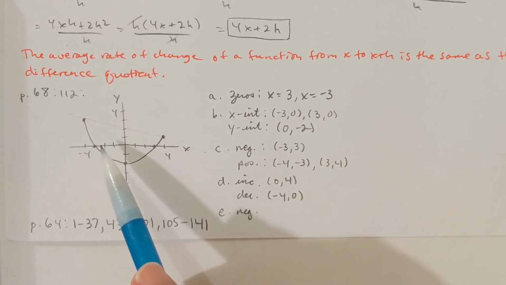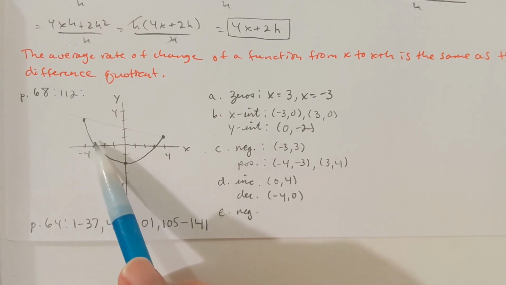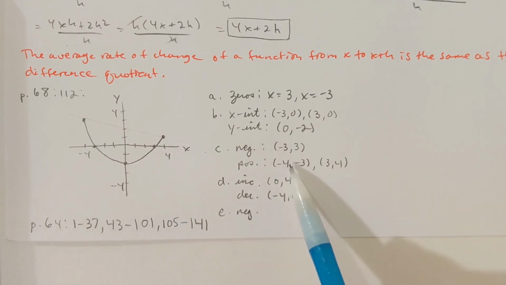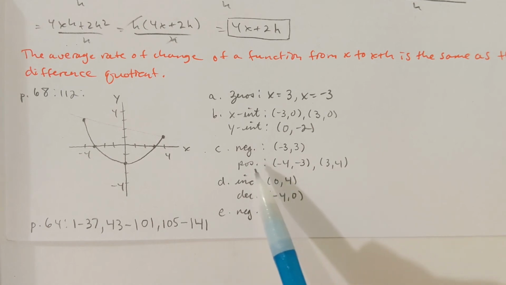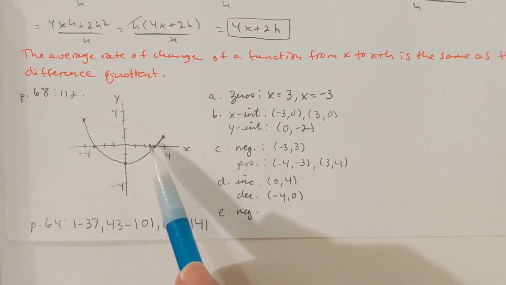Well, where's it above the x-axis? From -4 to 3, you're above the x-axis, and from 3 to 4. So -4 to 3, and from 3 to 4, we are positive, and everywhere else we're negative.